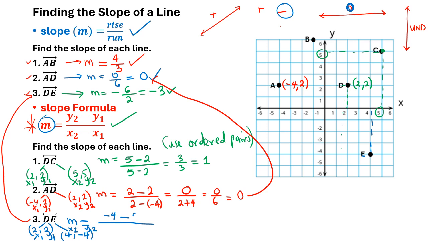For the x coordinates, x2 is 4 minus x1, which is 2. So -4 minus 2 comes to -6, and 4 minus 2 comes to 2. So -6 divided by 2 comes to -3. The slope is -3, which matches what we already have.